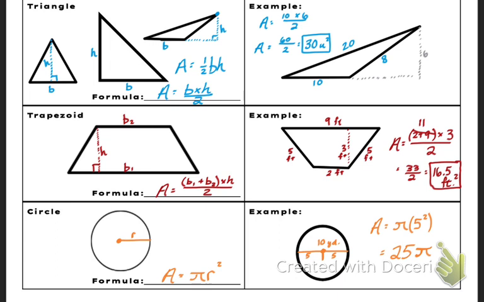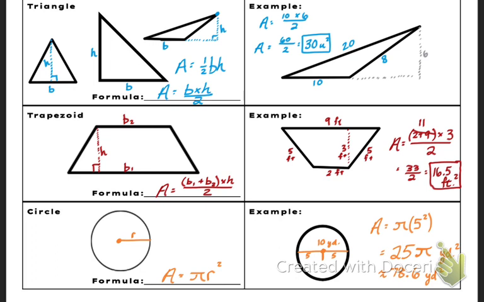You can also take 25 times pi in your calculator, which when you do that comes out to be about 78.6, I believe, something kind of close to that. And this measurement is in yards squared. So either one of those answers would be acceptable, to leave the pi there, so just 25 pi, or to figure it out with your calculator.